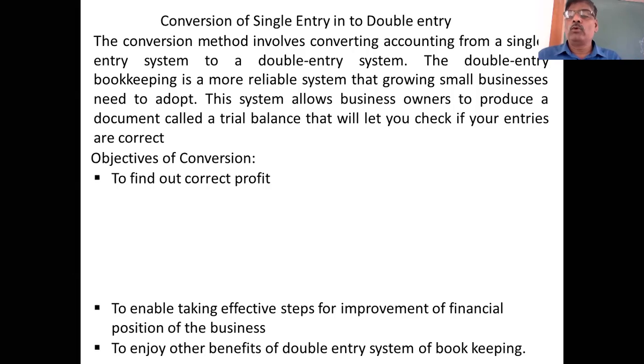Therefore, if you want to know the correct profit or accurate profit or reliable profit, then it is necessary to use the double entry system of bookkeeping. Therefore, to find out the correct profit of the business concern, we adopt the double entry system of bookkeeping. We convert the single entry to a double entry system.